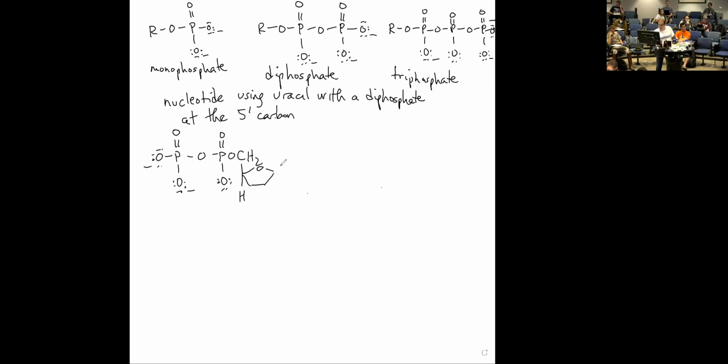That's my diphosphate ester. And since we know this is RNA type, these had better both be OHs. It's not deoxy. And then over here, we'll put our uracil, which I will have to look at, since I said I don't have them memorized. And I certainly don't expect you to either. And then just a carbonyl in between.